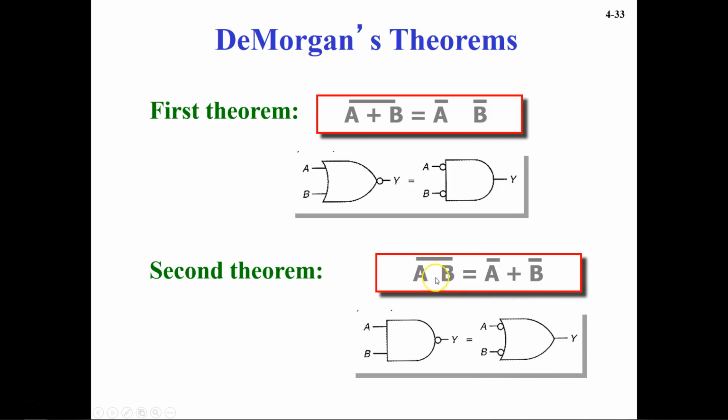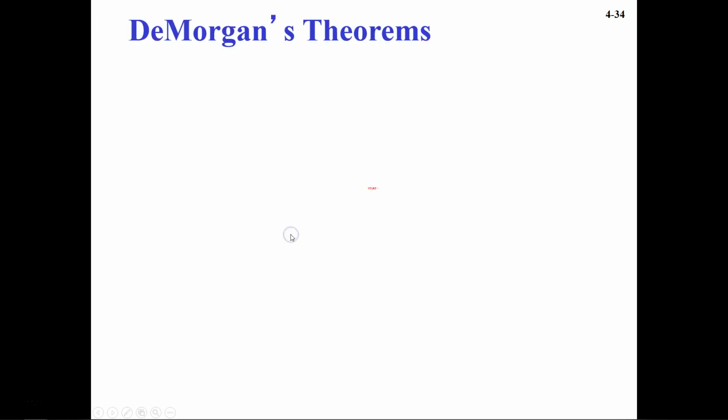So this is an AND gate and then a NAND gate. That's what we have here, the NAND gate, and then A bar plus B bar. Plus is for the OR gate, and these are the two inputs, so the inputs are inverted. Okay, so this is the logic diagram for these two theorems.